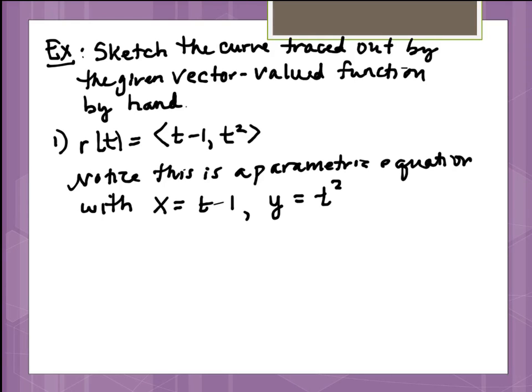You guys see that okay? So if that's the case and x is equal to t minus 1 and y is equal to t squared, we should be able to create basically an xy equation with that information, right? How would we do that?